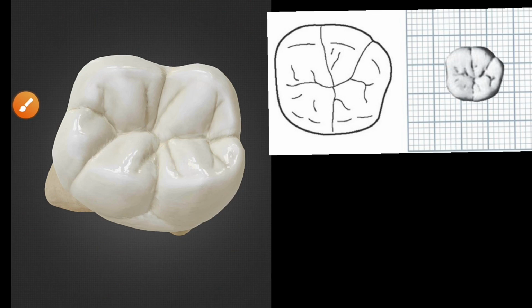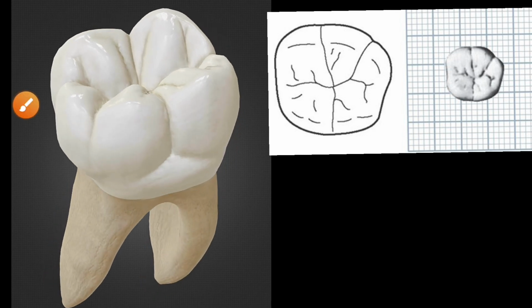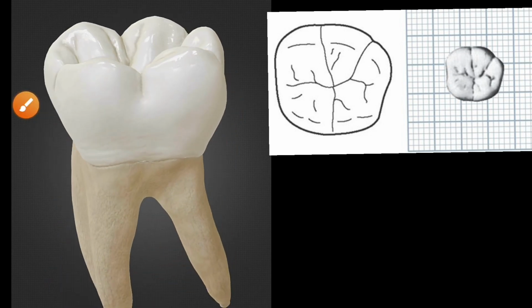Also, it has four developmental grooves. This is the central developmental groove, the lines present in the center, and on the side there is the mesiobuccal developmental groove, and this is the distobuccal developmental groove, and on the lingual side there is the lingual developmental groove.